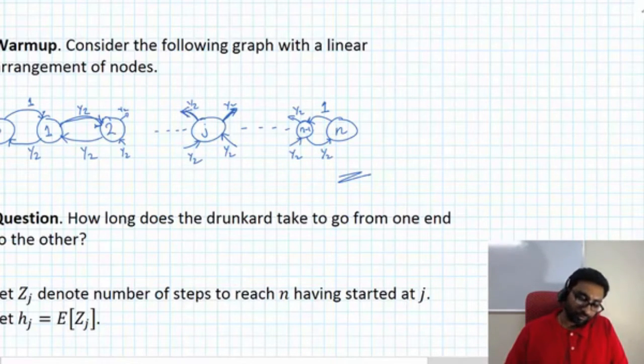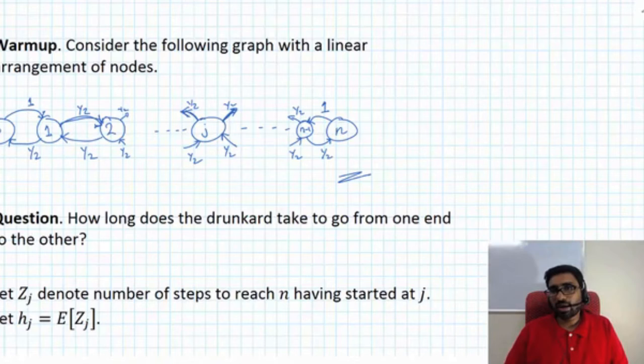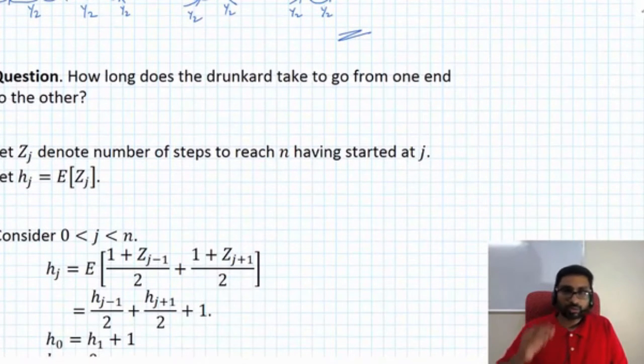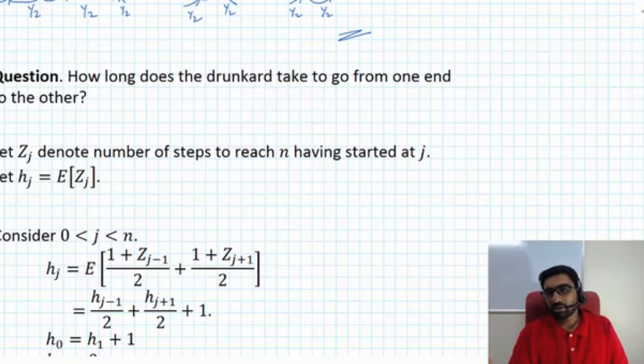So an interesting question that we can ask is, how long does the drunkard take to go from one end of this Markov chain to the other? Let's say he starts at state 0. How long does he take to reach state n? This question turns out to be quite interesting and also quite useful.